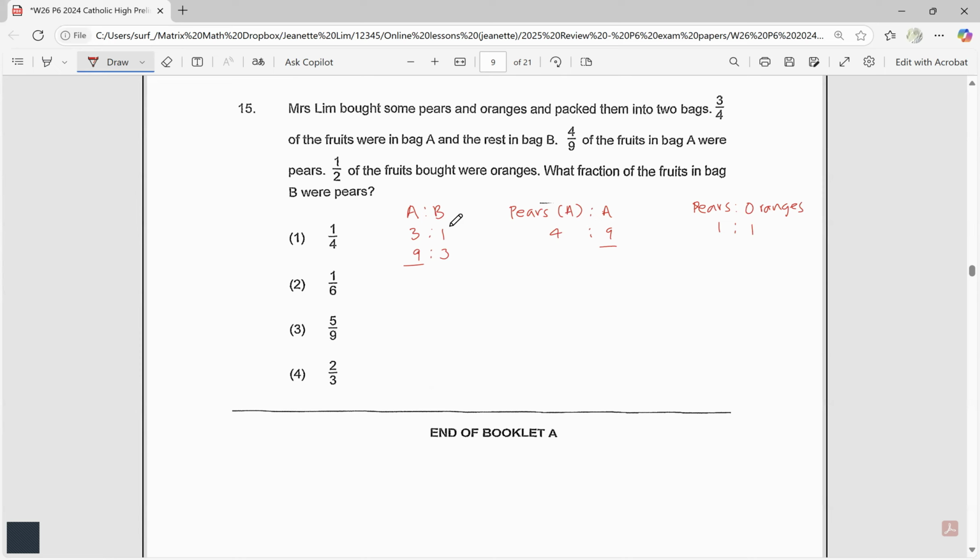Okay, it's just a matter of how you're splitting them. Is it bags, A and B, or types of fruits? Okay, but the total number of fruits will have to be the same. So we find total. This would be a 12. This total here would be a 2, which means that I need to change to a 12. A multiplied by 6.